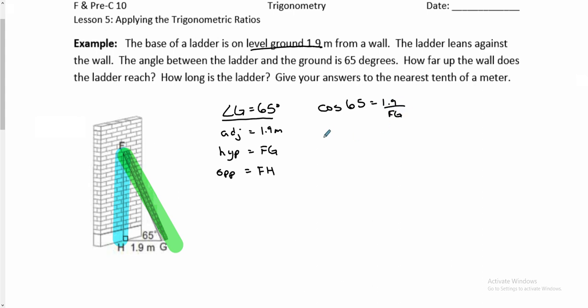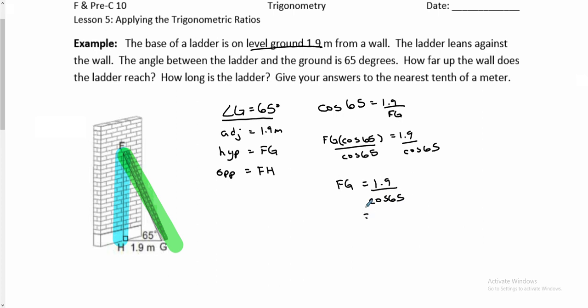We're going to cross multiply. We'll get FG times cos 65 is equal to 1.9. We'll divide both sides by this to get FG by itself. So FG is equal to 1.9 divided by cos 65.